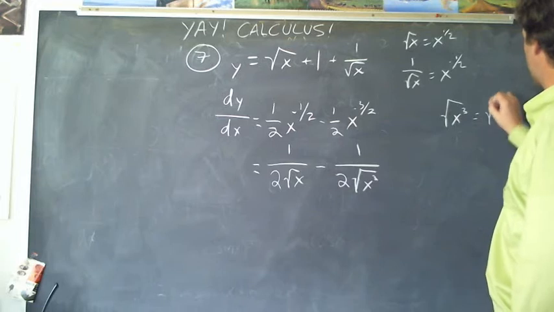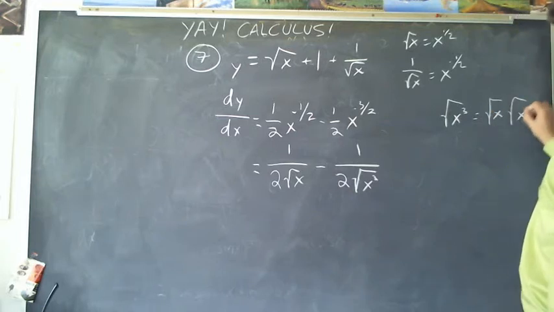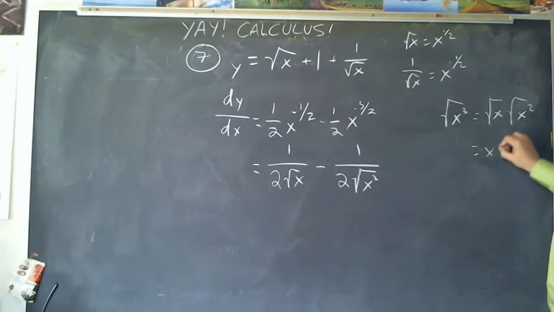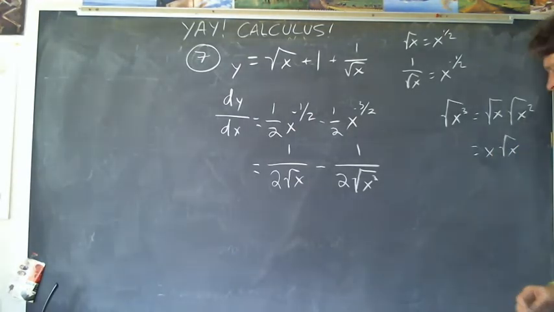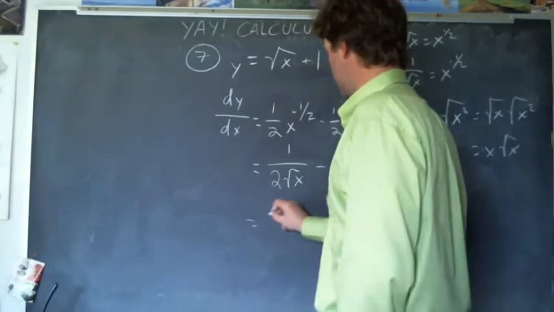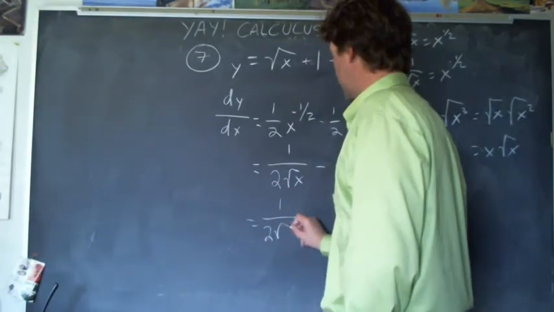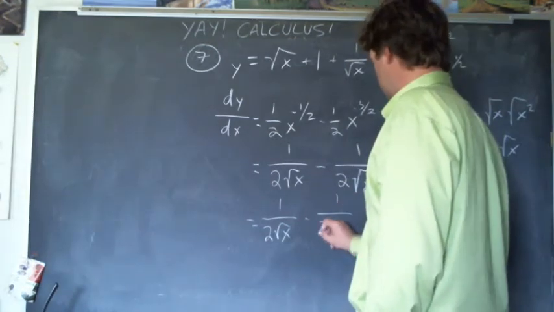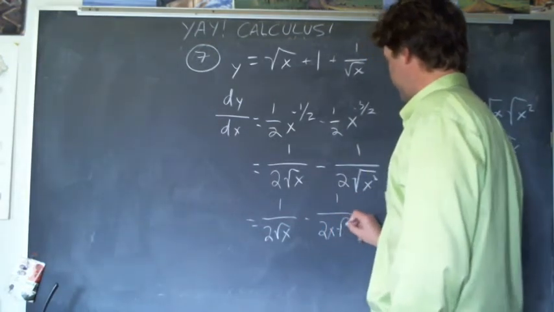That's the same as the square root of x times the square root of x squared, which is the same as, this just goes to x radical x. So 1 over 2 radical x minus 1 over 2x radical x.